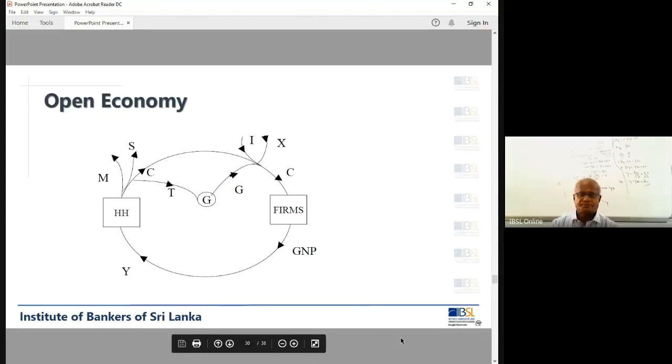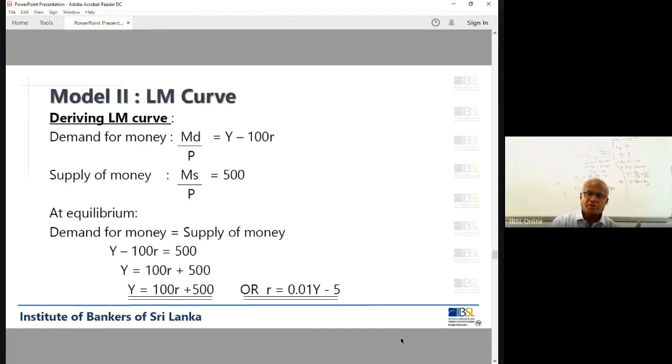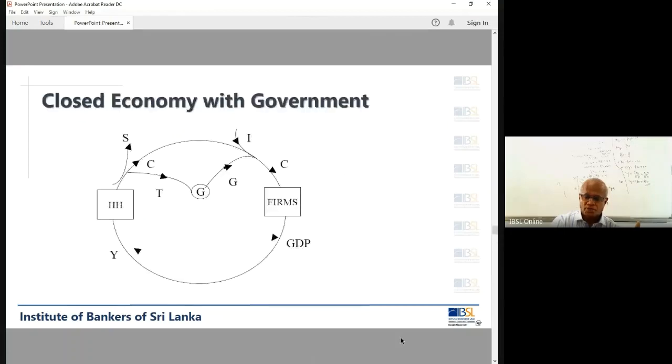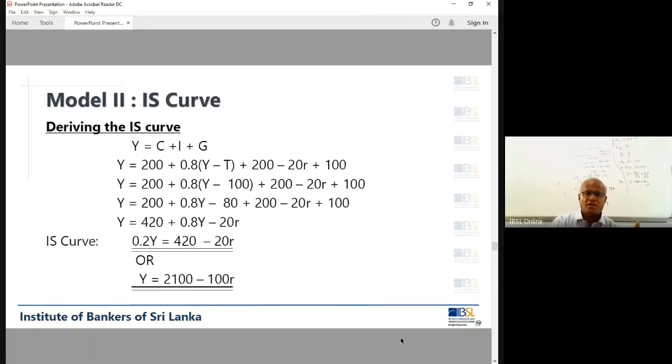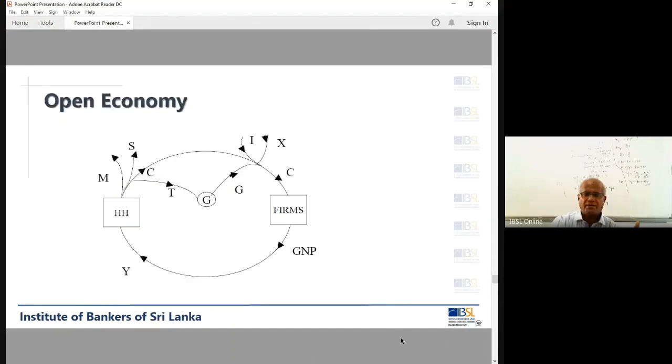Open economy. Let's first discuss this open economy model. What is an open economy? When compared to the other model, the open economy model has everything, but in addition, in the transactions, we have M and X, imports and exports.